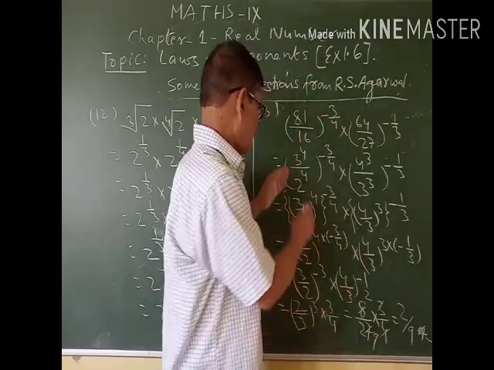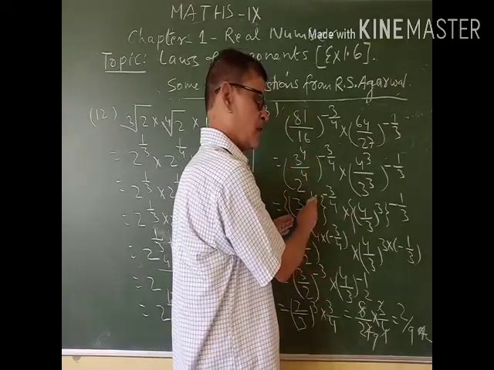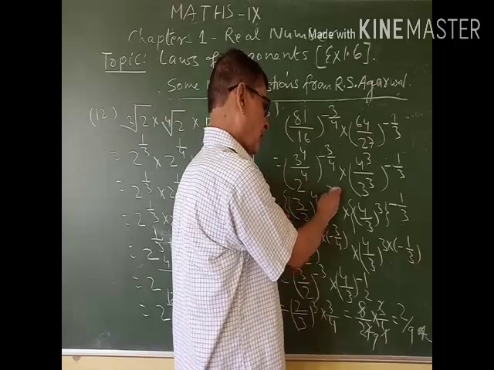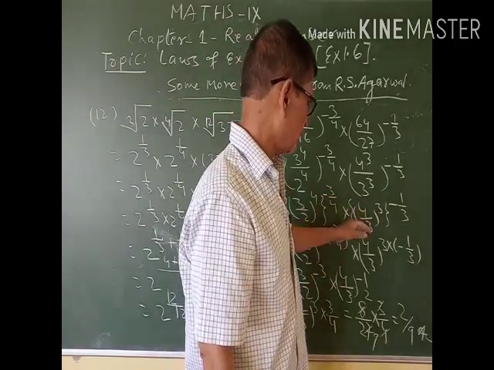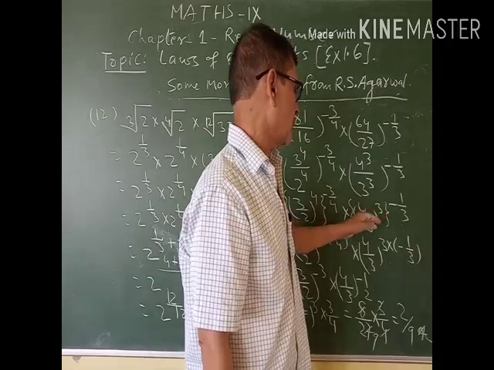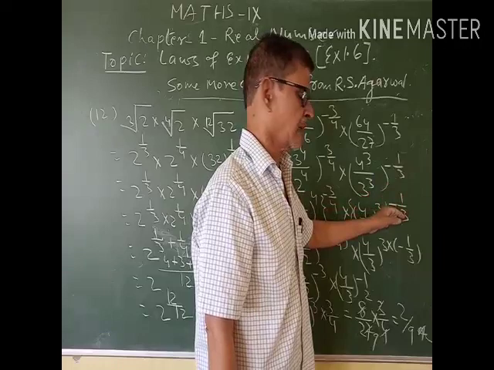Again this can be written as 3 by 2 whole power 4 whole power minus 3 by 4, and this can be also written as 4 by 3 to the power cube, and I have written as usual.